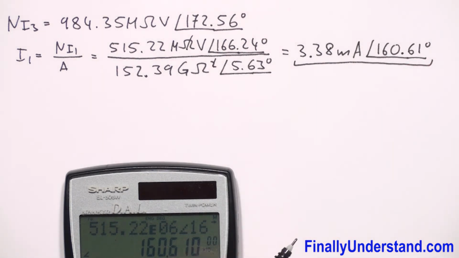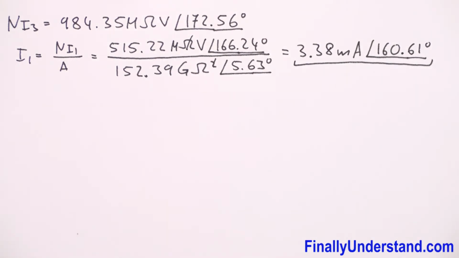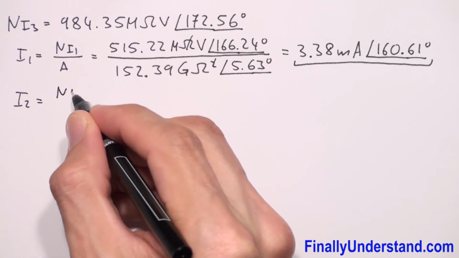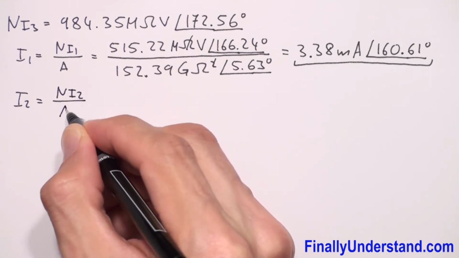Next, we're supposed to find I2. I2 is equal NI2 divided by delta.